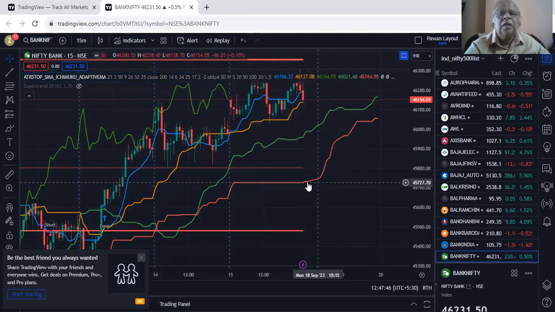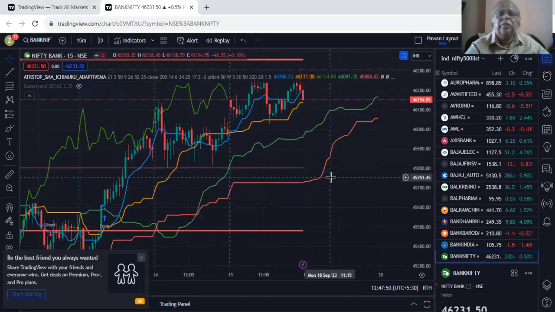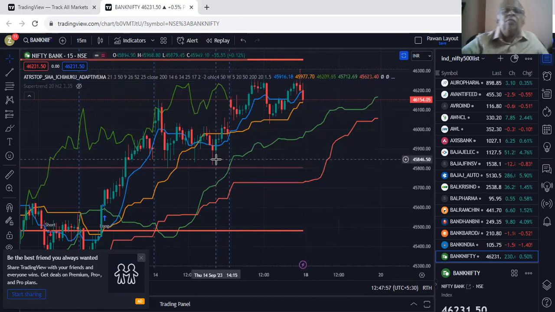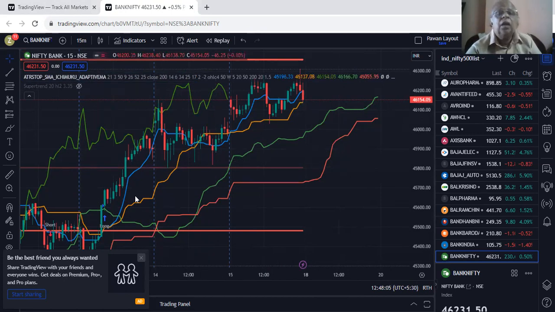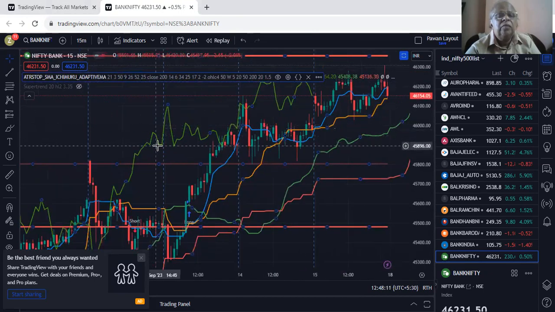See, these are the lines seen in the Ichimoku indicator. So I will describe each and every line first, then I will discuss the cloud formation. Starting from this green line, it is known as Chikou span or lagging span.